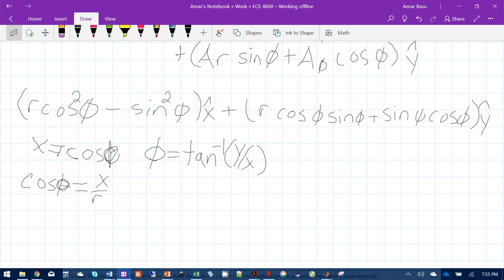MATLAB sometimes would complain that you're dividing by 0, and sometimes it'll do the calculation and just say NaN, which means not a number, or it'll give Inf, infinite, and it just won't plot it, which is fine.